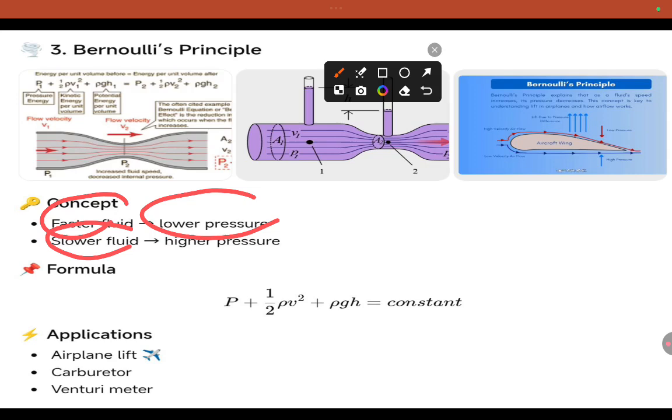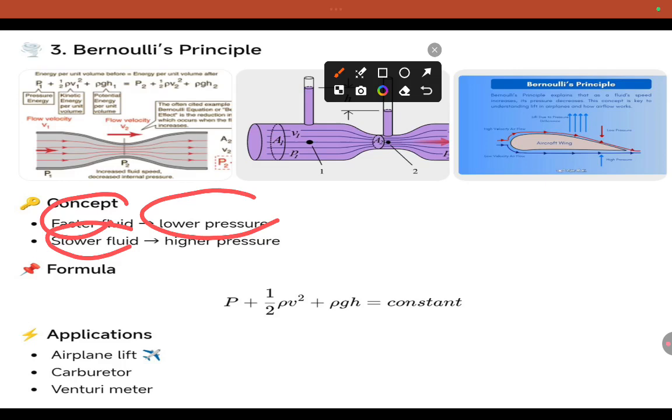Bernoulli deals with pressure as well as fluid movement.